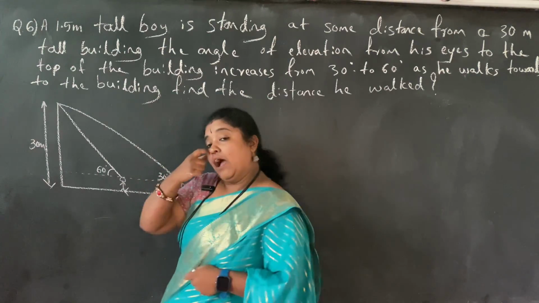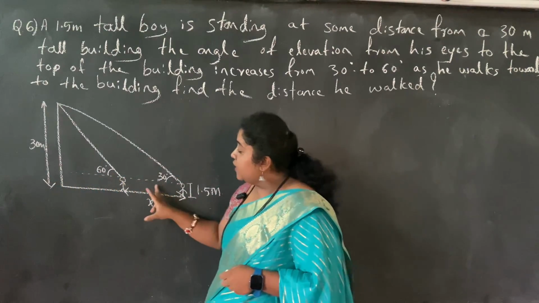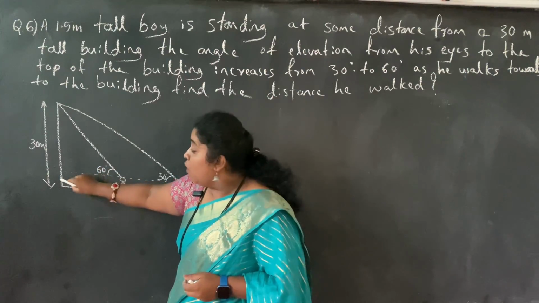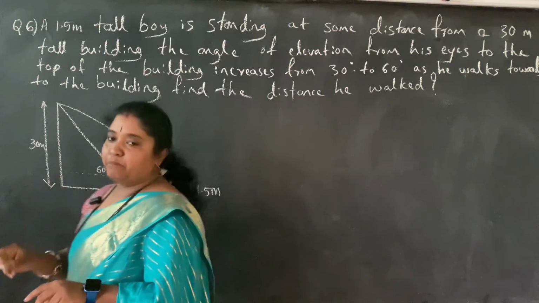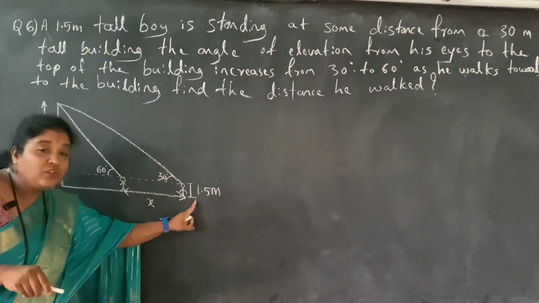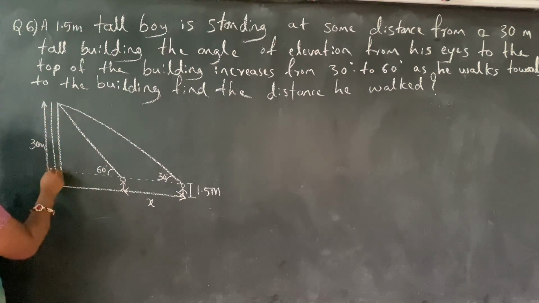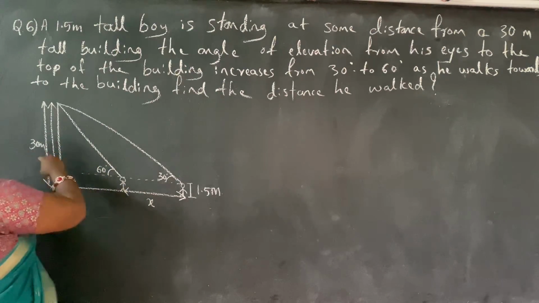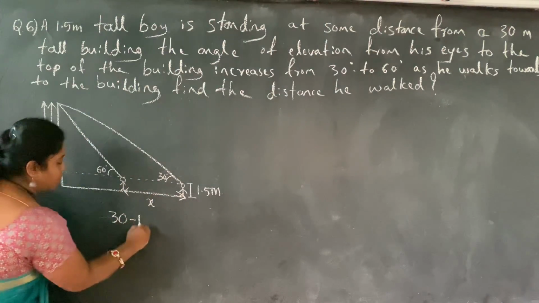Fine. Now, I told you the considerable value, or the horizontal level, starts here. This part is waste for my calculation, so I should not count this part, dear. With respect to the height of the boy, the length of the building to be considered for our calculation is 30 minus 1.5.